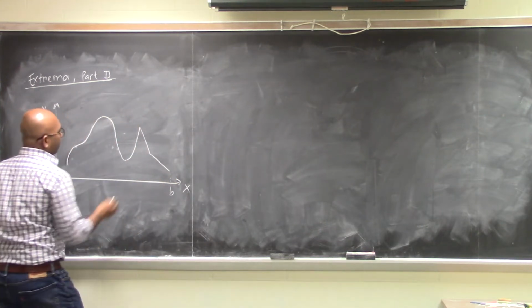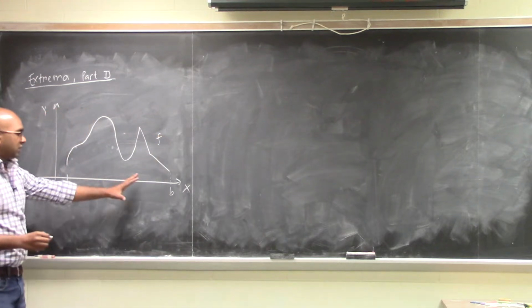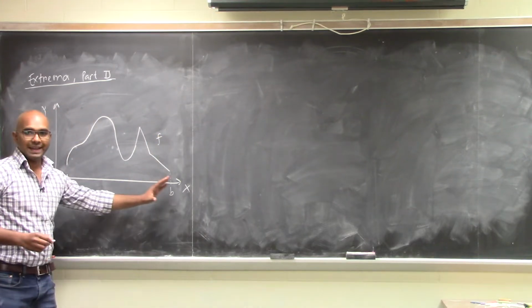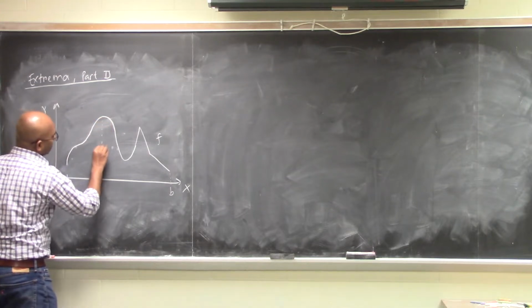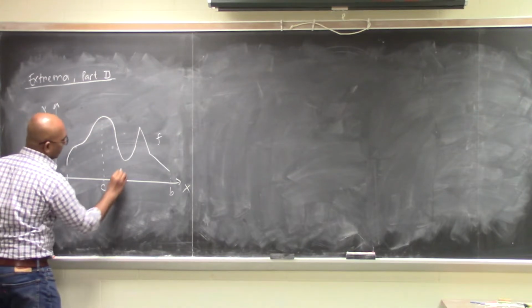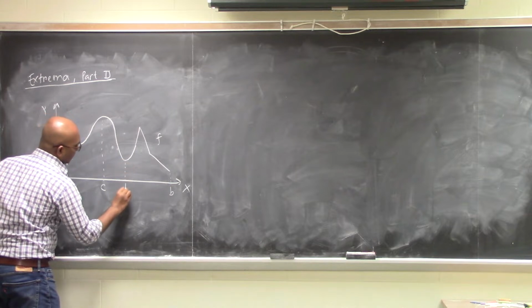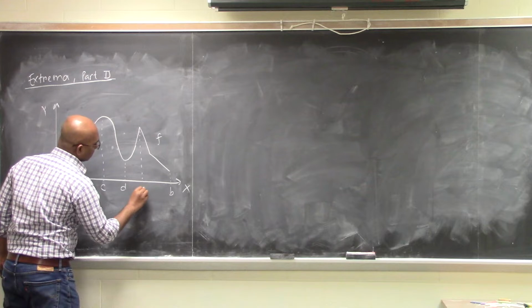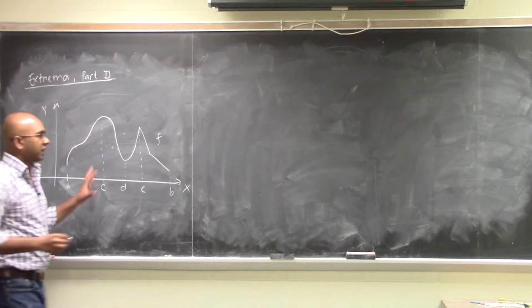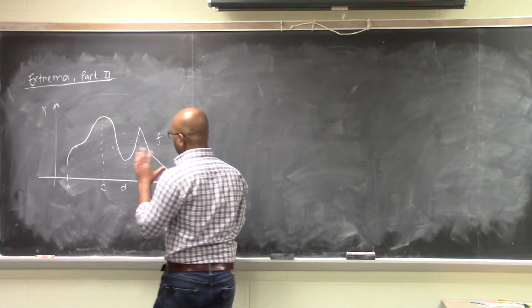All right, so we have a function f that is continuous in this closed bounded interval a to b. Now let's say this point is c, this point is d, and let's say this one is E.